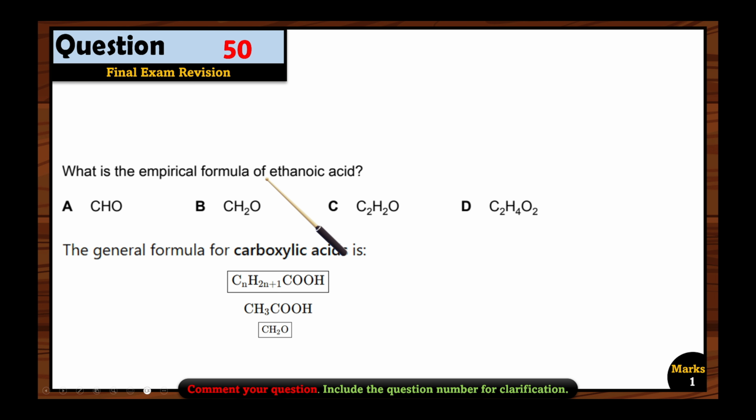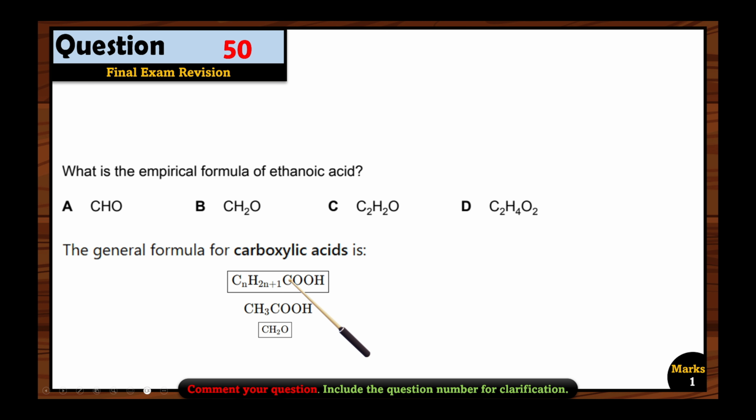But for now, just for your understanding, whenever you see the word ETH in organic compounds, it means it has only 2 carbons, right? And oic acid means, of course, it has a COOH group. So what is the general formula for carboxylic acids, because it belongs to the carboxylic acid group? The general formula I already gave you here.